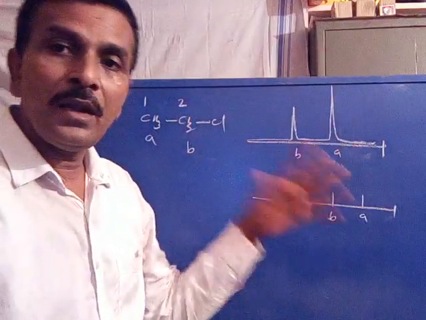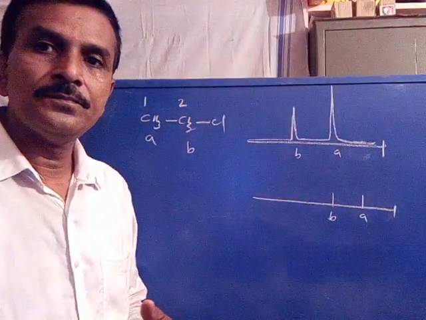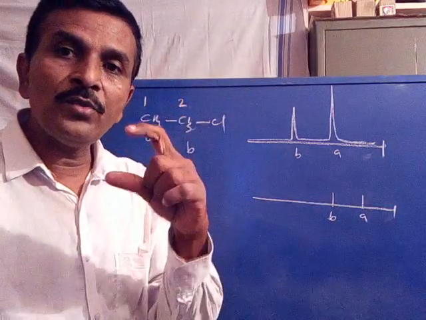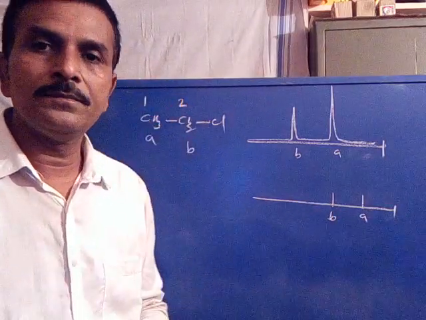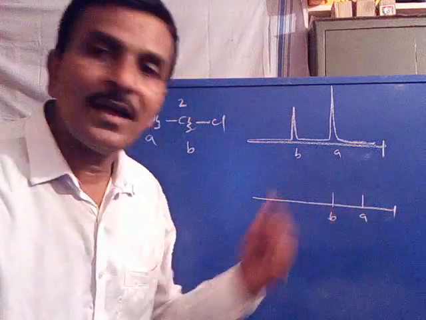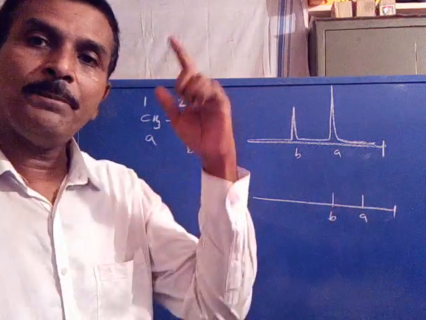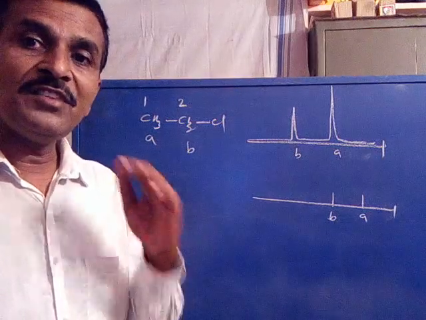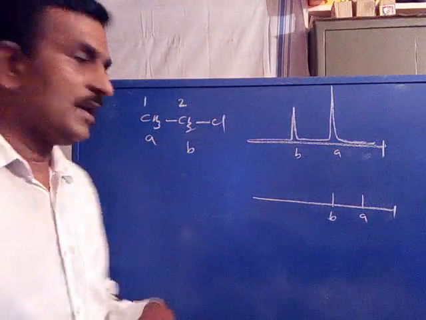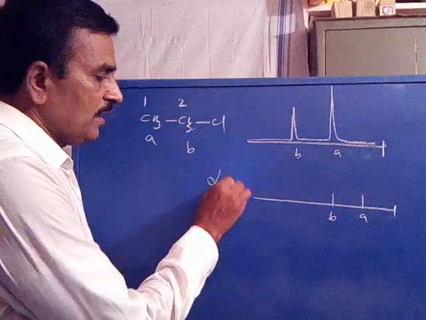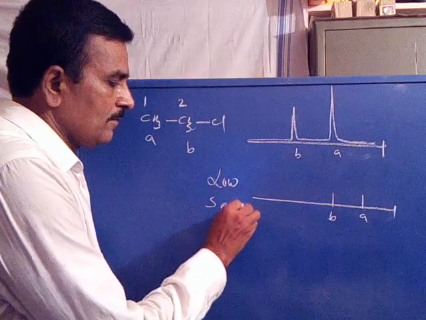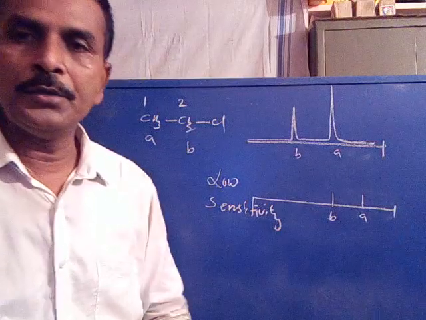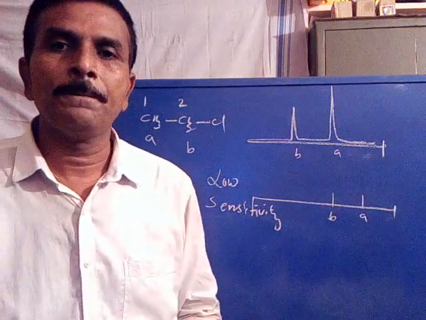Whereas carbon signals appear with low sensitivity, low intensity. Small lines appear instead of a peak. Is it clear? This is all due to low sensitivity.